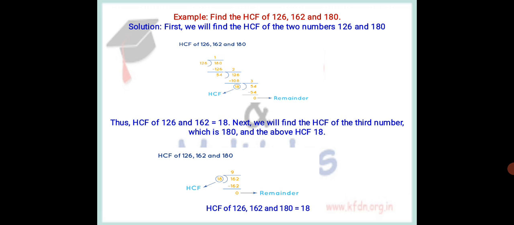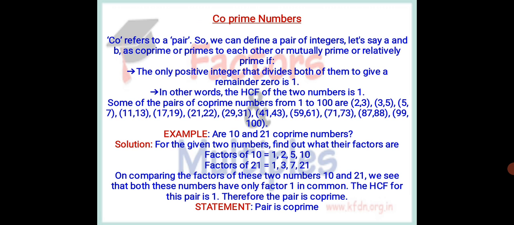Let's come to the next topic, that is co-prime numbers. Co refers to a pair.